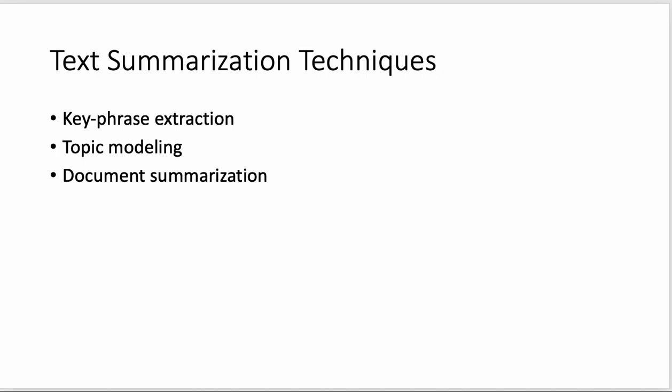So in general, there are several techniques. Key phrase extraction focuses on extracting key influential phrases from the documents. This is a very simple form of topic modeling. Topic modeling is to extract various diverse concepts or topics presented in the documents.